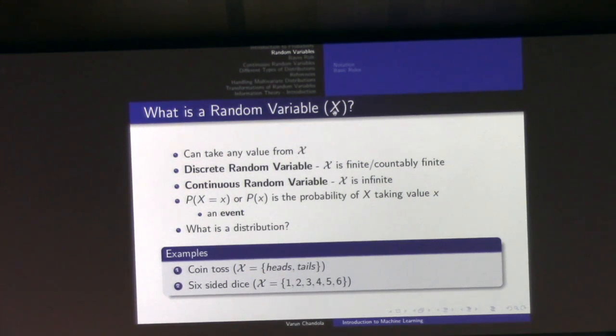So every random variable has a domain, right? The values that it can pick from. We can define two types of random variables. One is a discrete random variable, in which the domain is finite. For example, the color of an object, right? Let's say you have a jar full of balls of 4 different colors, red, blue, green, and orange, right?